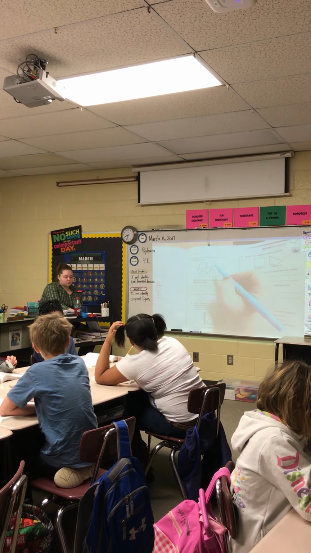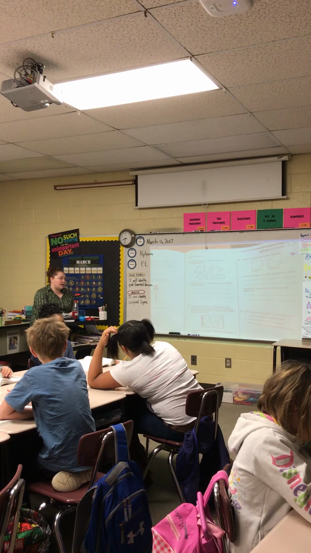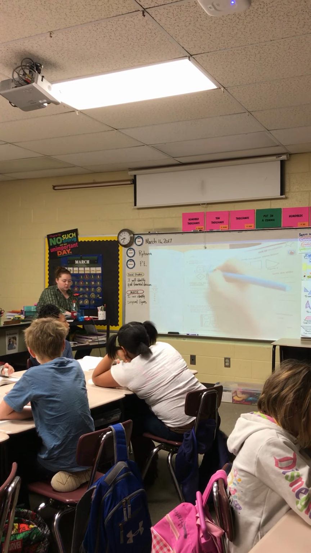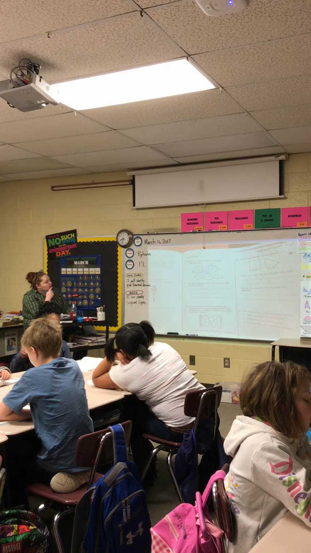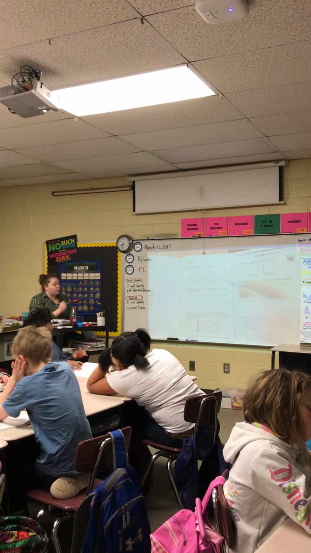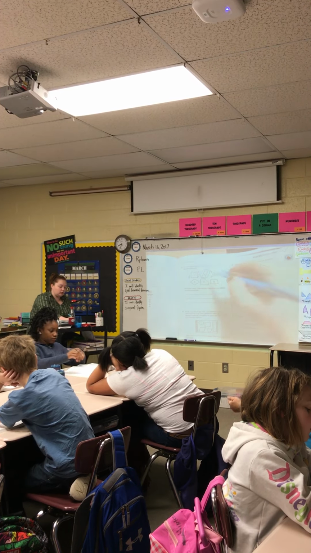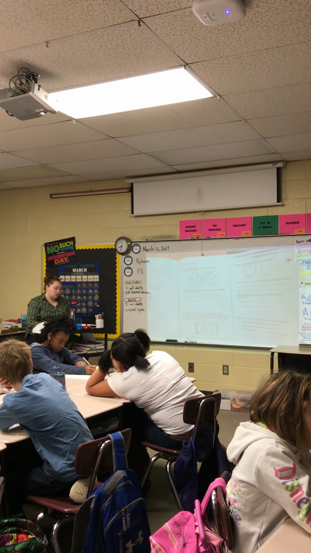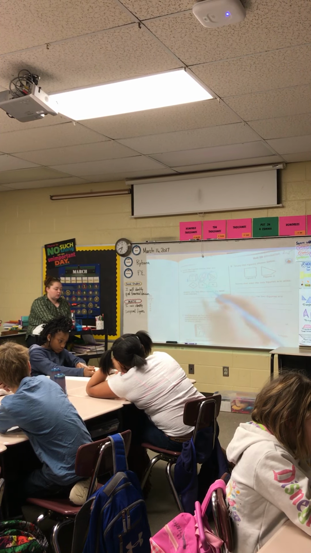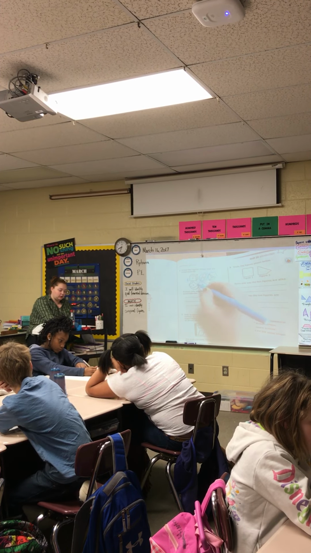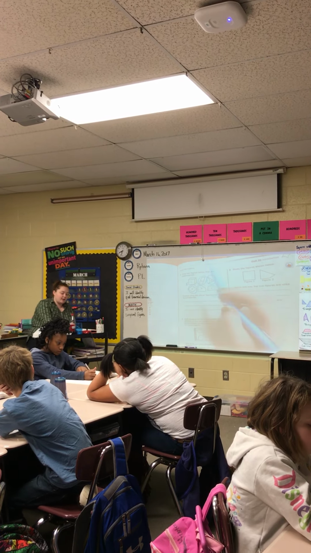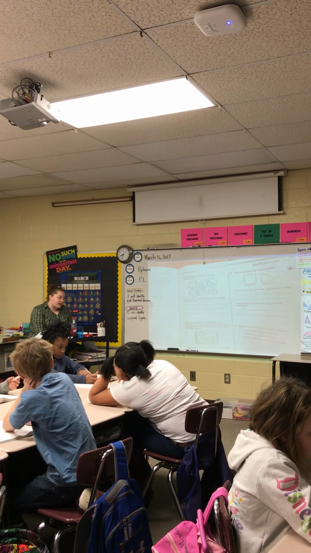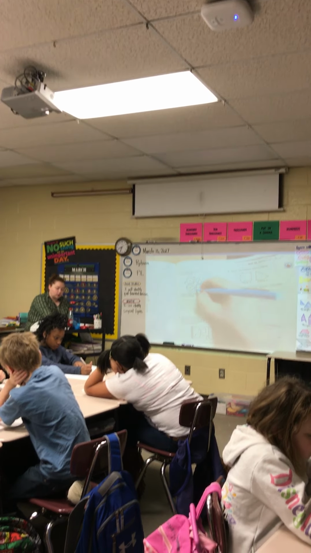Number 2 has 1, 2, 3, 4 sides, so that's a quadrilateral. I'm going to circle number 2. Number 3 has 1, 2, 3, 4 sides, so that's a quadrilateral. I'm going to circle 3. Number 4 has 1, 2, 3, 4 sides, so that's a quadrilateral. Number 5 has 1, 2, 3, 4, 5 sides, so that's not a quadrilateral.